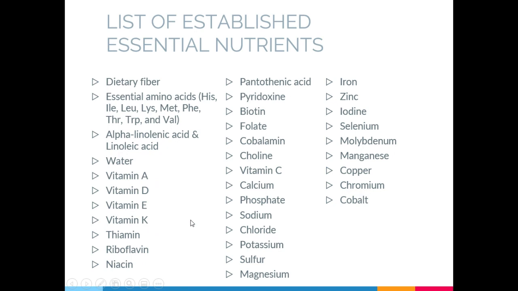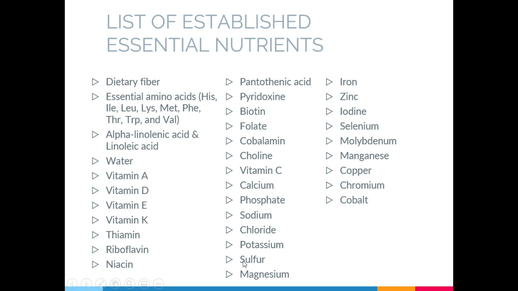and then the water-soluble vitamins, we have the thiamine, B1, riboflavin, B2, niacin, vitamin B3, pantothenic acid, vitamin B5, pyridoxine, vitamin B6, biotin, B7, folate, B9, cobalamin, B12, choline, wala pa siya other term, it's just called as choline, but it's categorized under the water-soluble vitamins, and of course, your vitamin C or ascorbic acid.